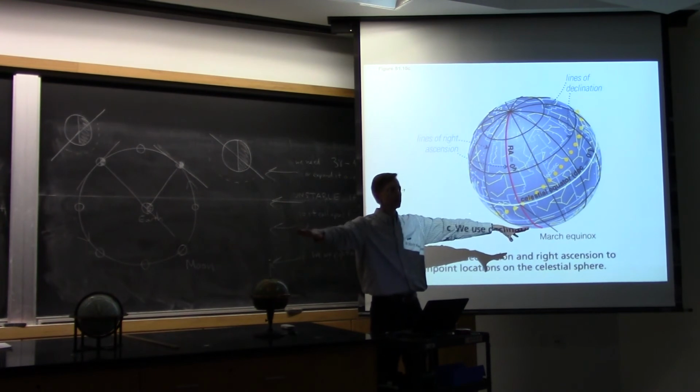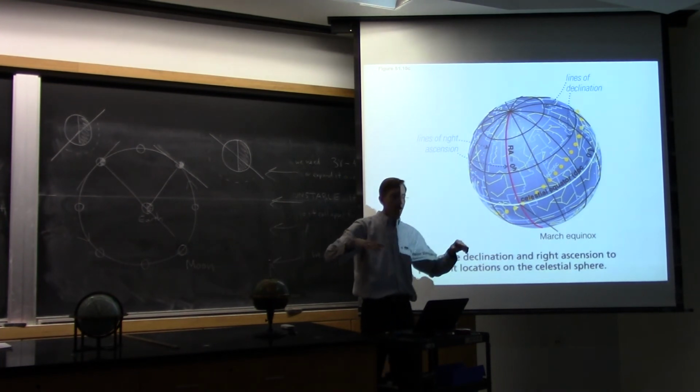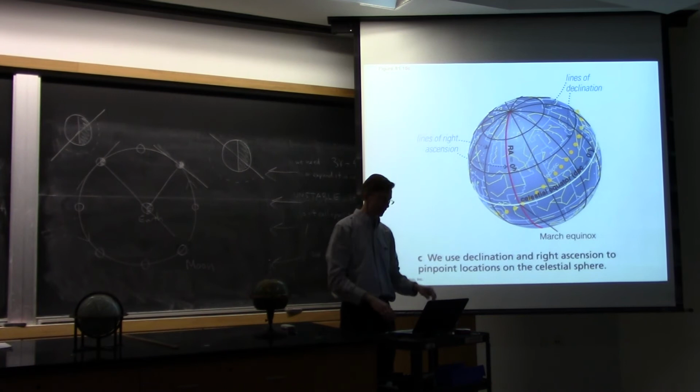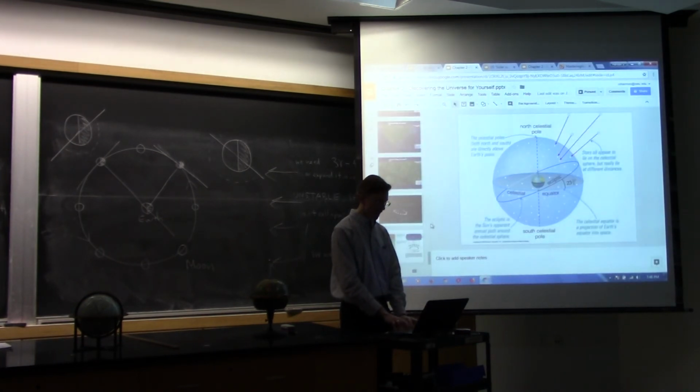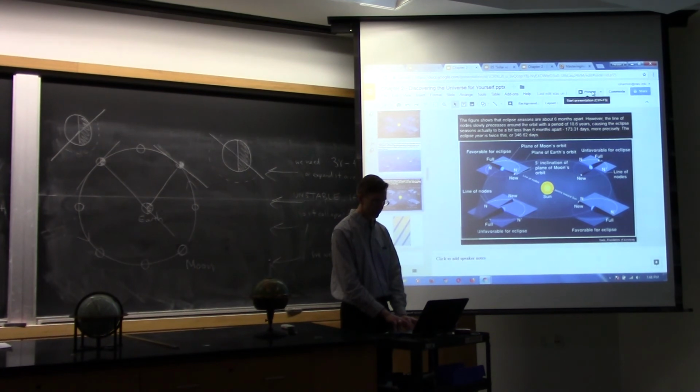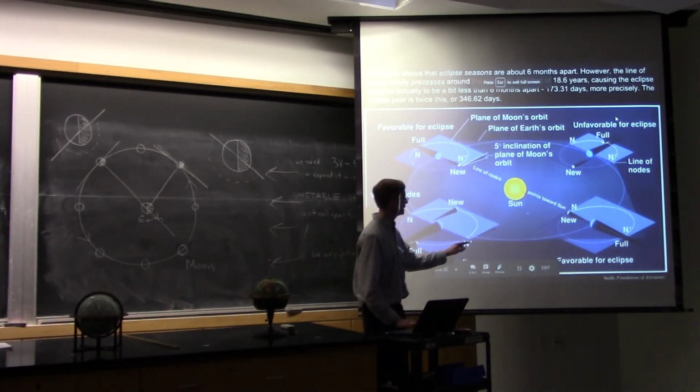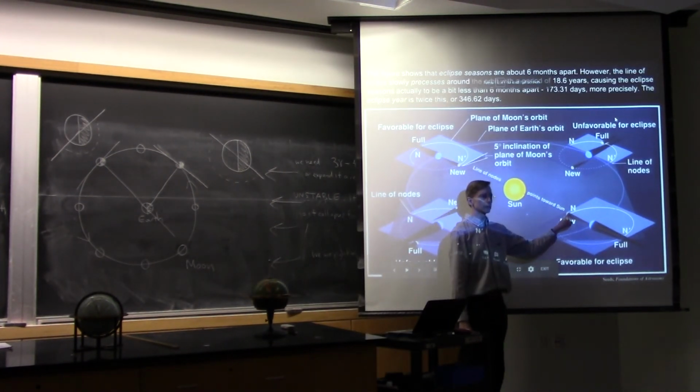That's the ecliptic. And why is it called the ecliptic? It's because remember that for an eclipse to happen, the moon has to be at one of the nodes of its orbit, or in other words, the moon has to be in the plane of Earth's orbit.